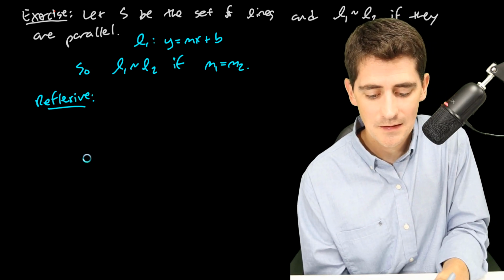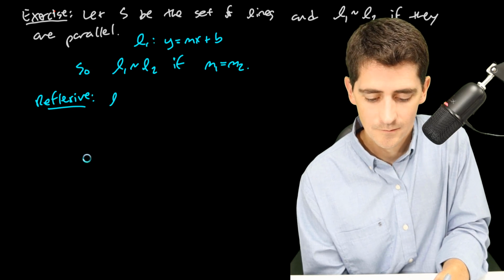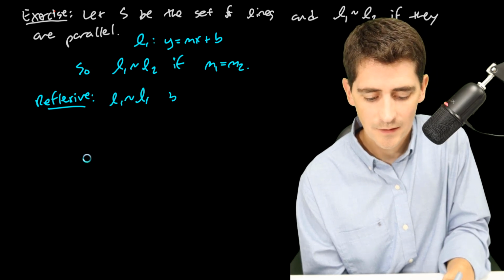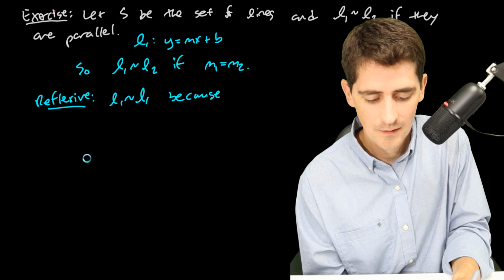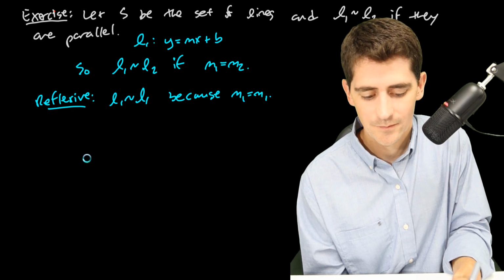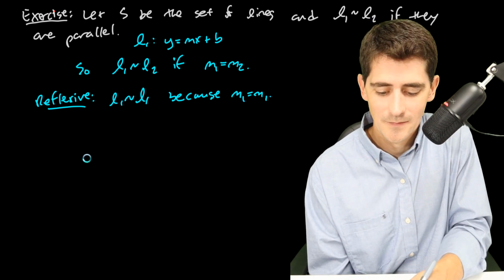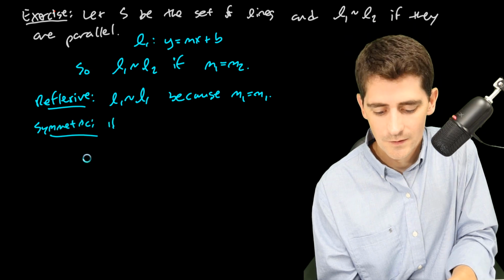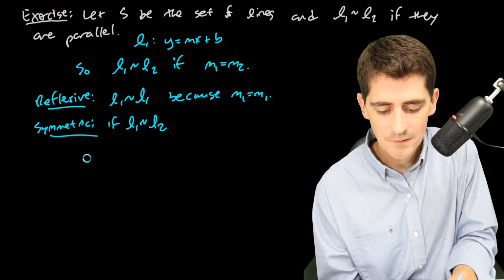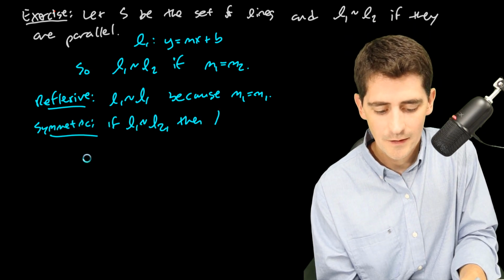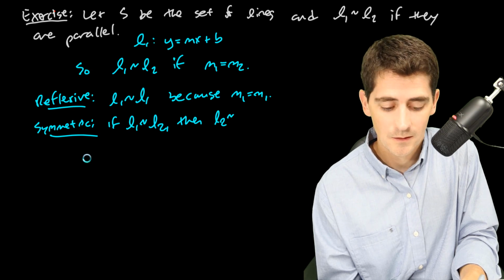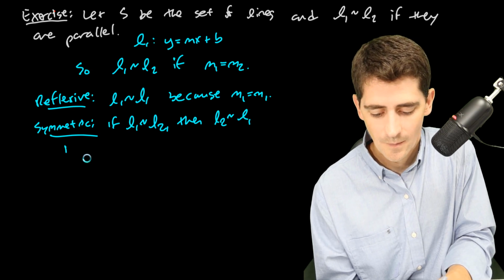Now I think that makes it a little bit easier to show that this is indeed an equivalence relation, because if I take L1, it squiggles L1 because its slope equals its own slope, right? Okay, symmetric: if L1 is parallel to L2, then L2 must be parallel to L1.